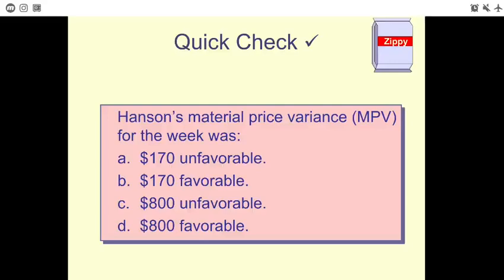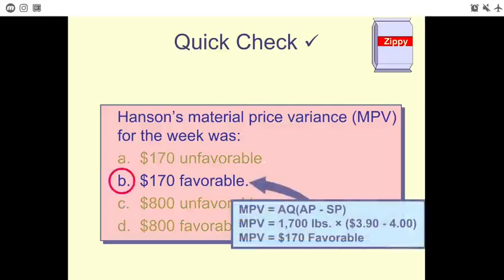So the question asks you to calculate the material price variance for the week. How to calculate the material price variance? You use the formula: the material price variance is equal to actual quantity times actual price minus standard price. So the actual quantity, you can see in the previous slide, is 1,700 pounds.